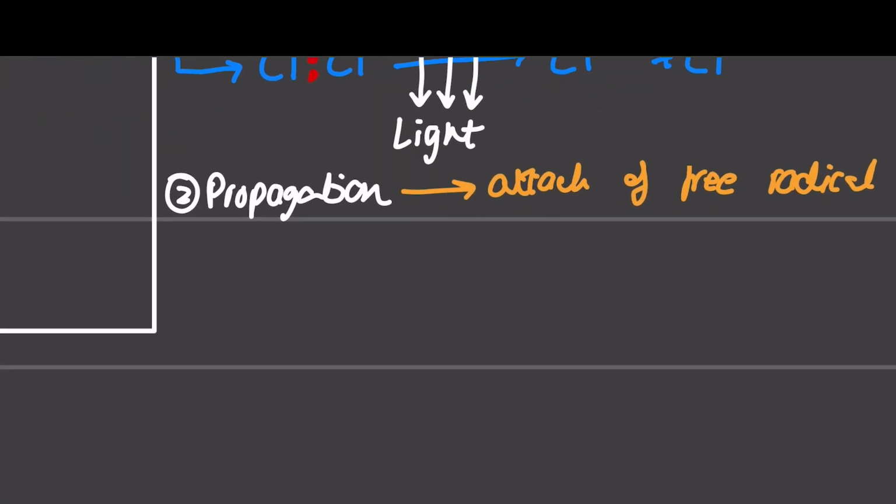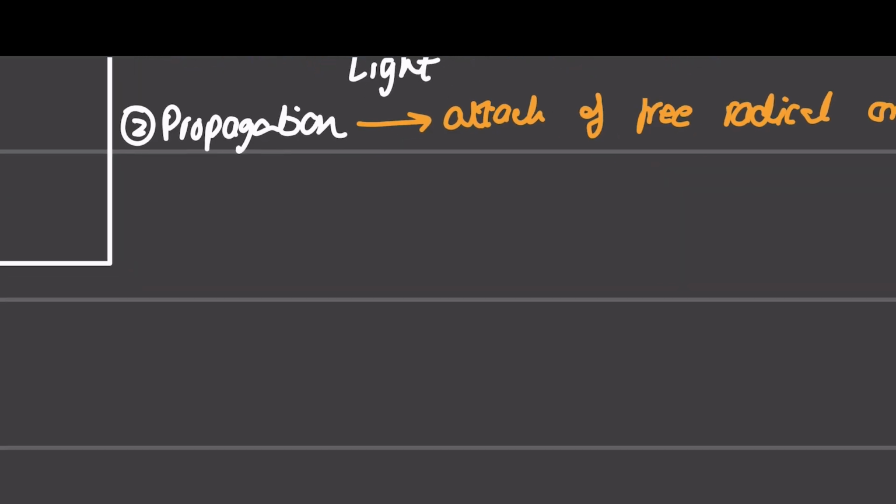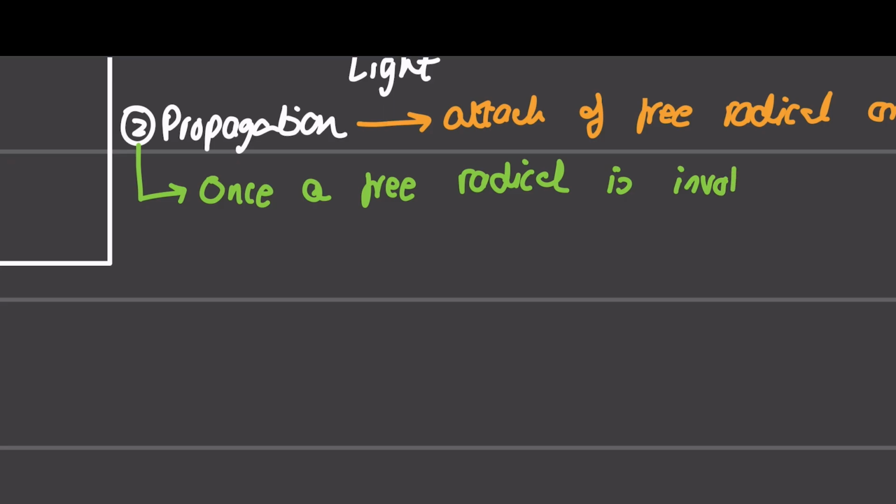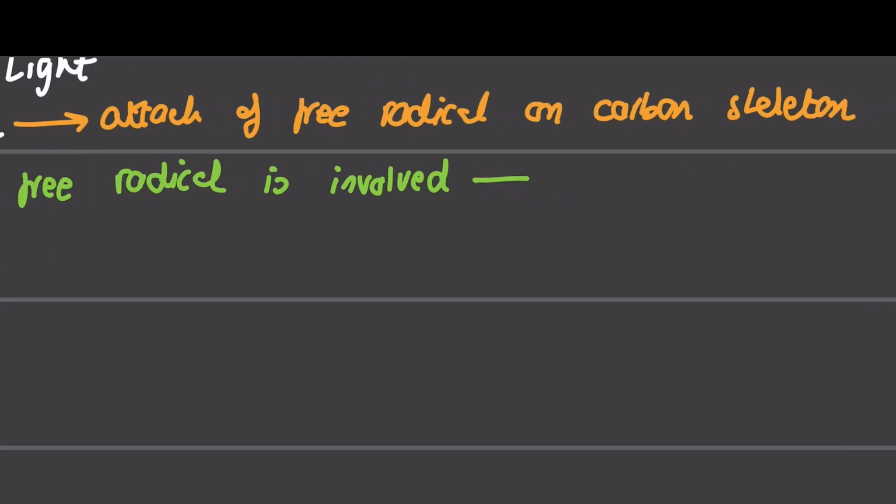So what is happening? It's just really small, but I need you to understand this. Just one small rule: once a free radical is involved, the product will also have a free radical.